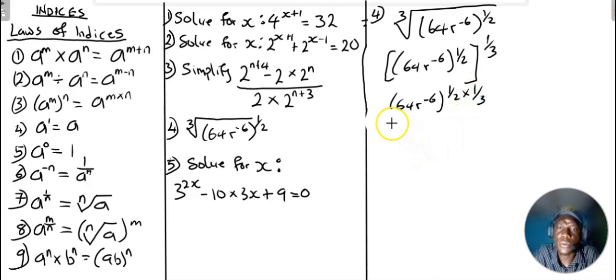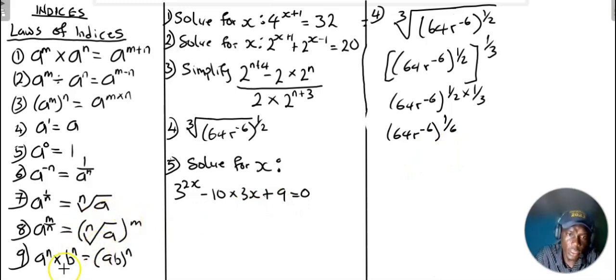So you have 64r raised to power minus 6, all raised to power 1 times 1 is 1, 2 times 3 is 6, all raised to power 1 over 6. Now we'll be applying this last law here.